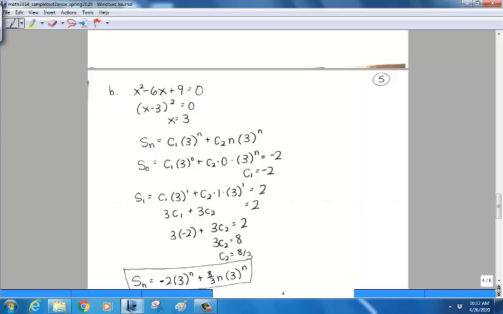And then, so you have x squared minus 6x plus 9 equals 0, and then solve this equation, right? You may have to solve this using the quadratic formula, but here we get lucky because the left-hand side factors, it's x minus 3 squared, and so you get only one solution to the characteristic equation.